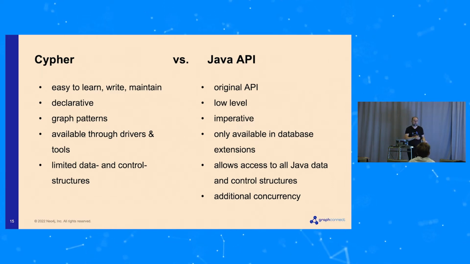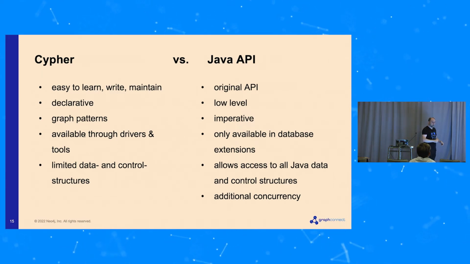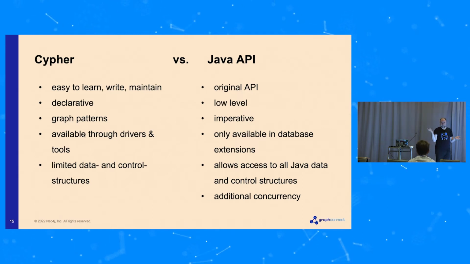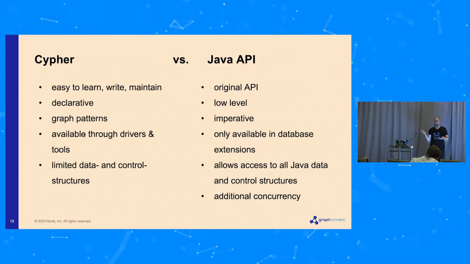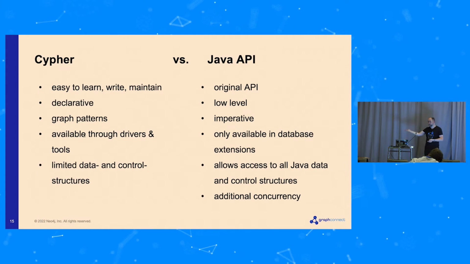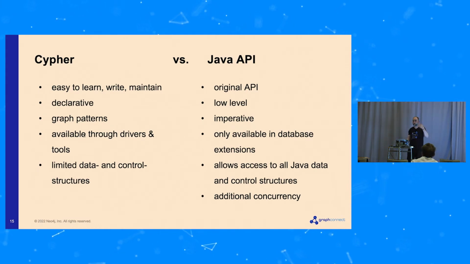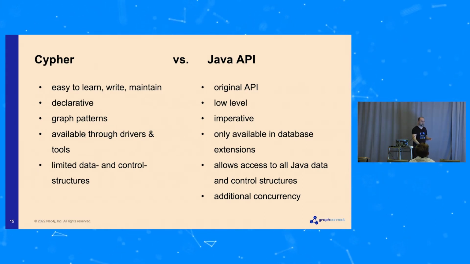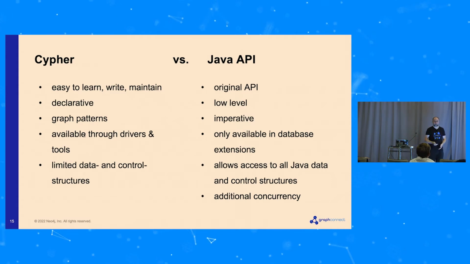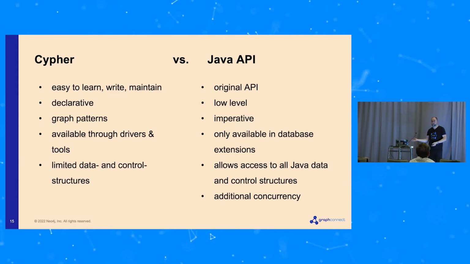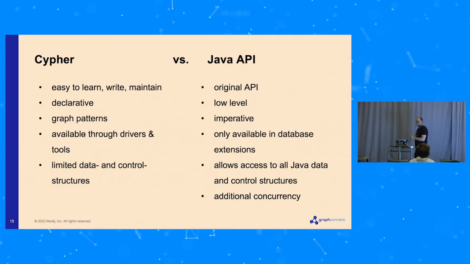It's declarative, so we benefit from the execution engine, and it's available through all the drivers and through all the surfaces. So no matter if I access Neo4j via Cypher shell or browser or the Kafka connector or Graph Data Science client or any other driver, I can always use Cypher for that, which is really nice.